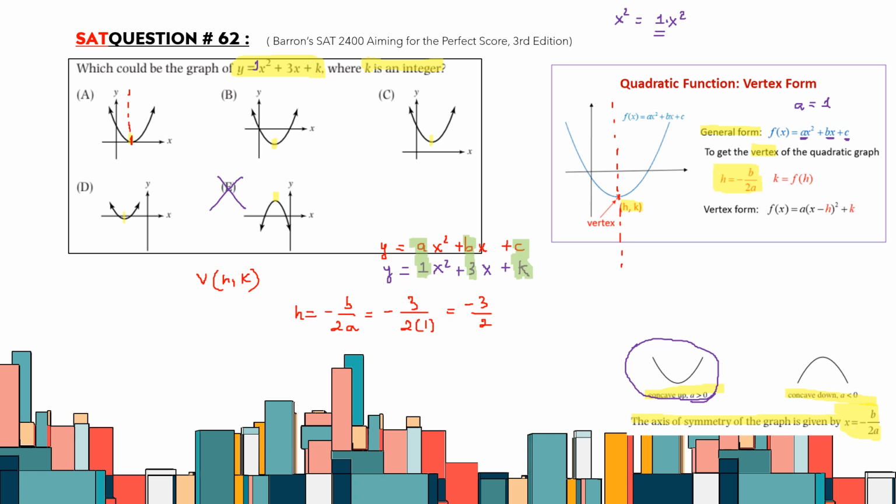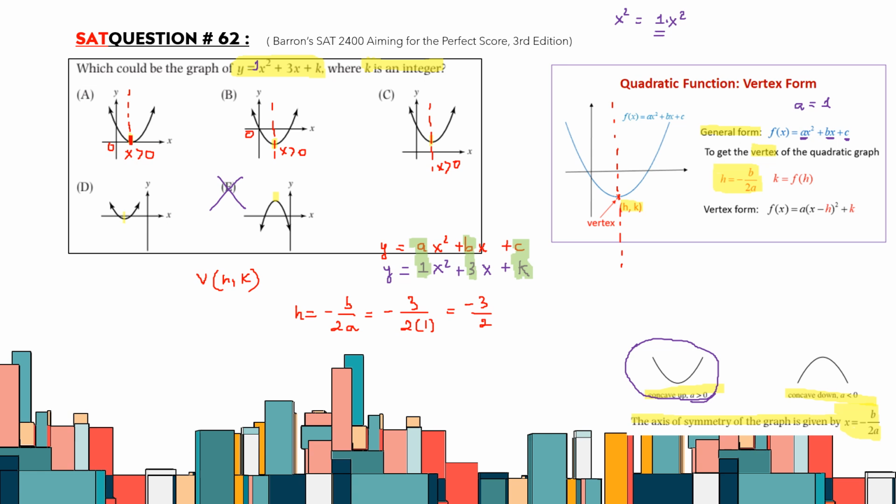So this one has x positive, x greater than 0, at that point, because it's on the right side of 0. This one is also positive. This one also has x positive.